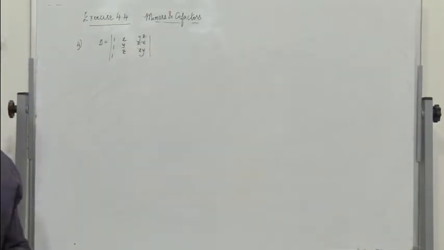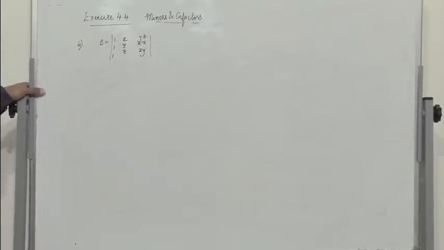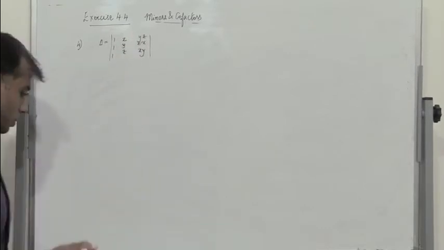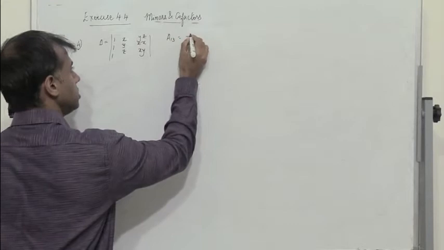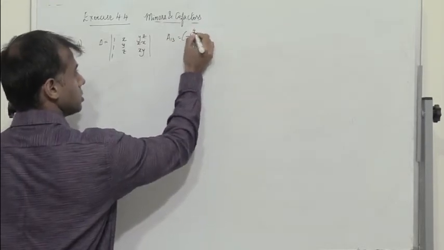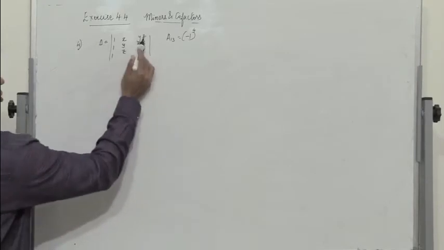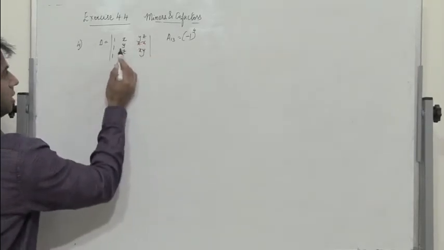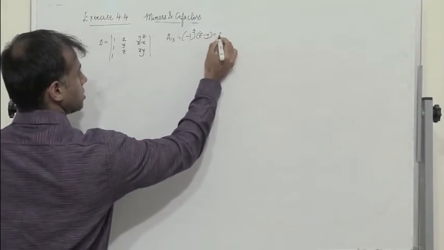So the next problem, we need to find the value of the determinant by using the cofactors of elements of the third column. Let me first find A13, which is minus 1 whole power 1 plus 3, which is 4. Leaving the first row and the third column, I get z minus y, which is z minus y itself.